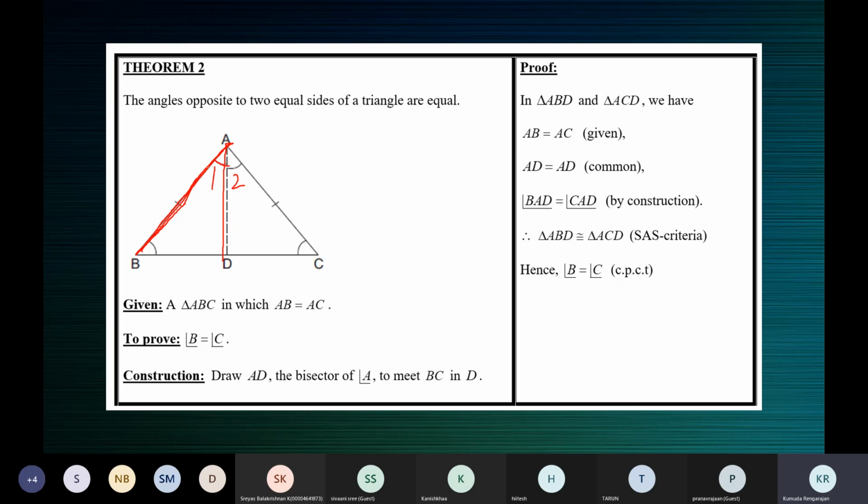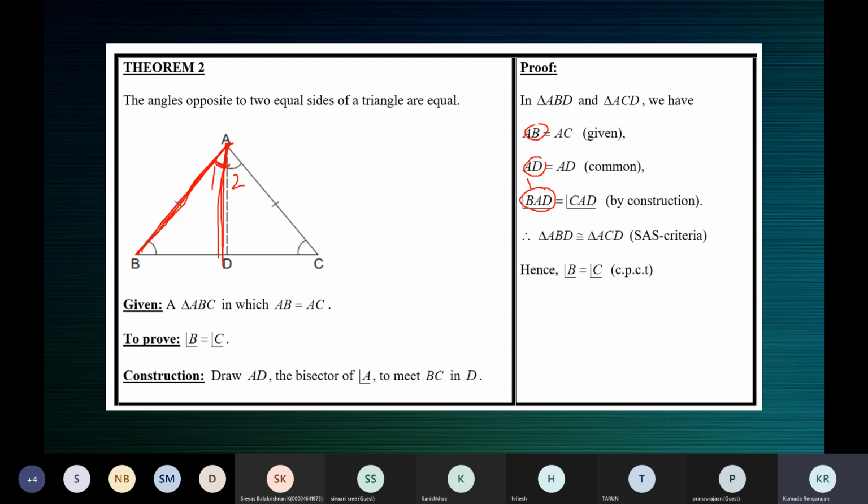And we have also mentioned the side AD. You can see the information we have listed here: AB, AD, and angle 1. Identify these in this figure. So we have mentioned the side AB, the side AD, and angle 1.